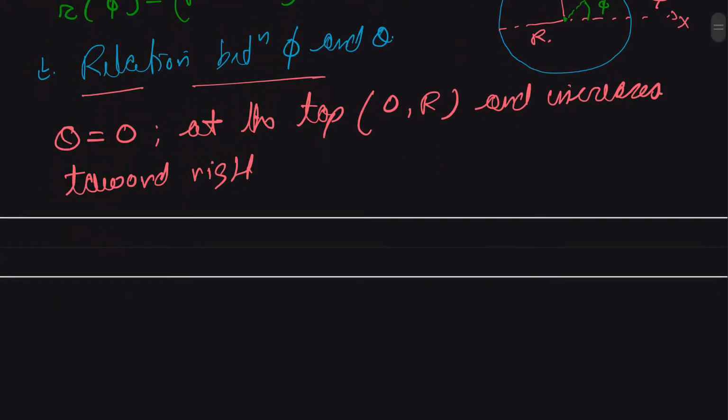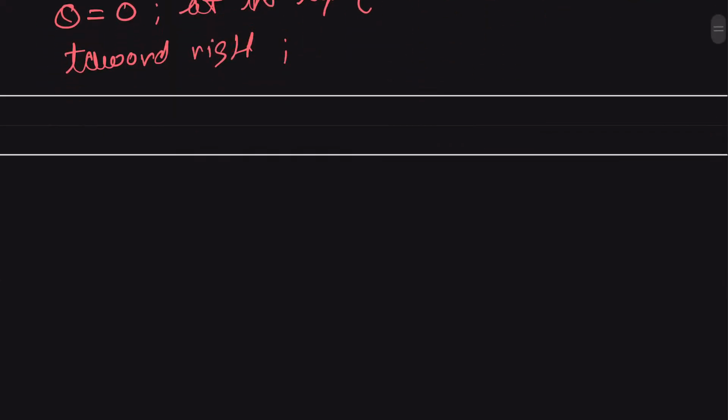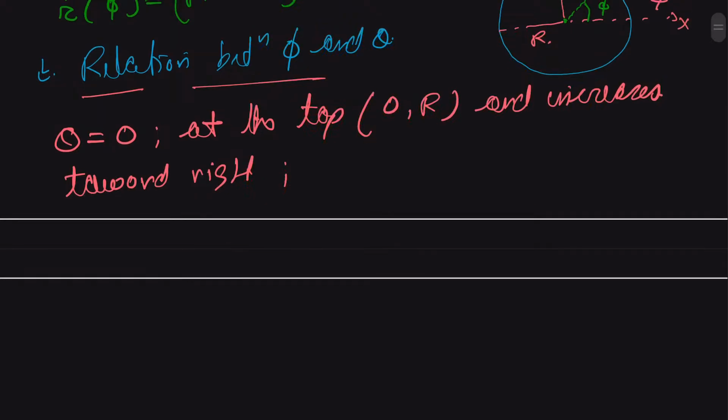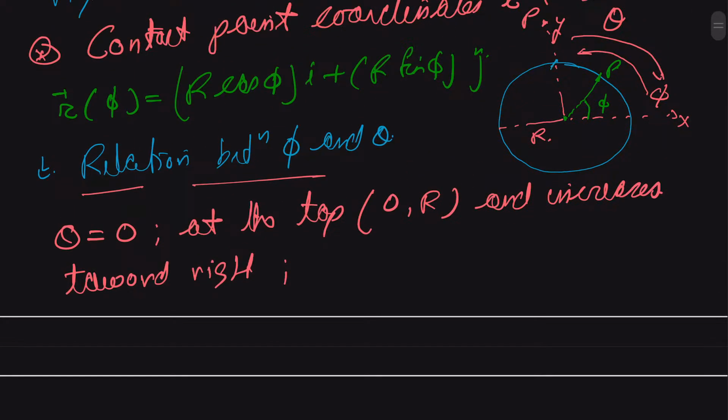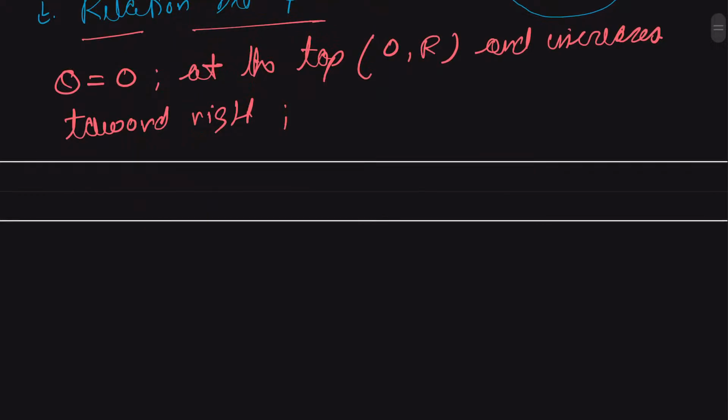Therefore, for the topmost point, which we already called P naught, we can say that at P naught the value of phi will be equal to pi by 2.